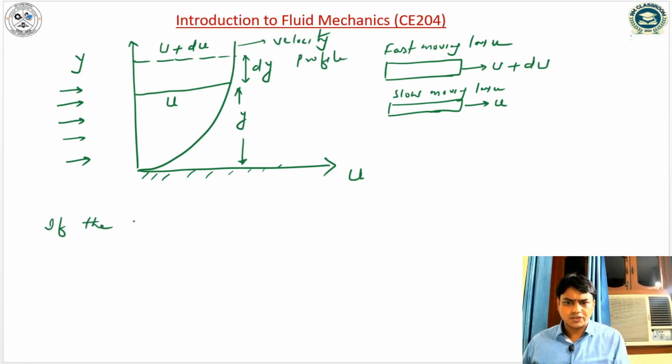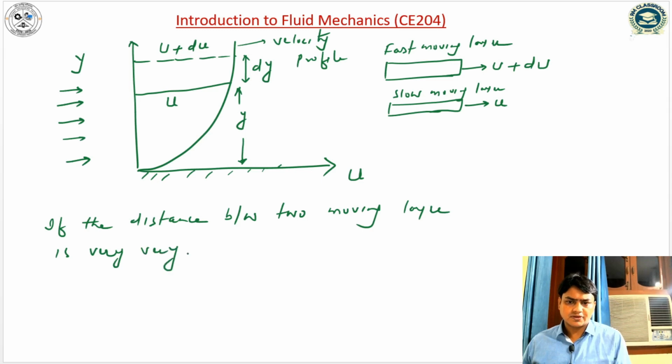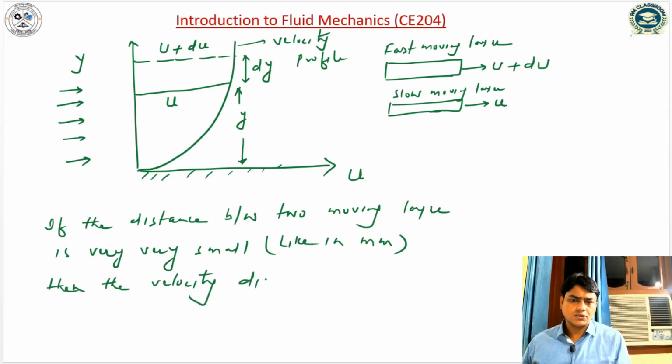If the distance between two moving layers is very small, like in mm, then the velocity distribution will be linear.